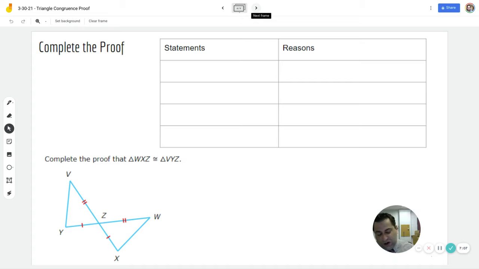Okay, so here I'm given not much. I'm given a diagram with some tally marks, so I know there's going to be some sides involved. And then it depends on what you know about these angles. So let's start with the sides. I got one tally mark to one tally mark. So I get YZ is equal to XZ.